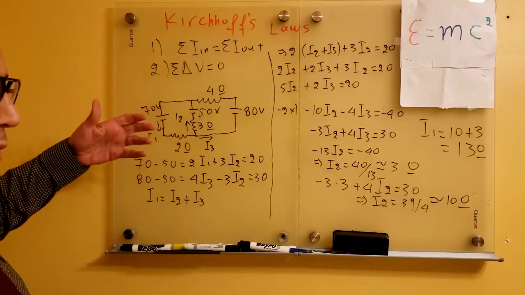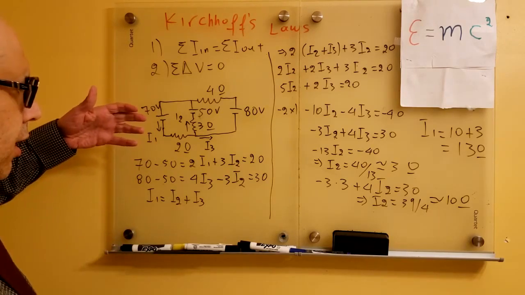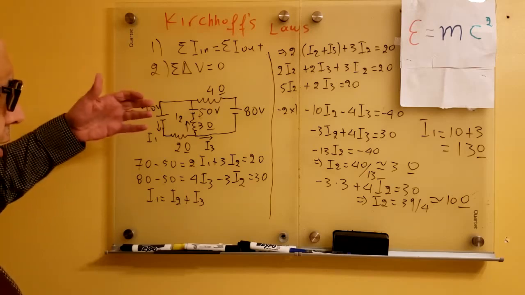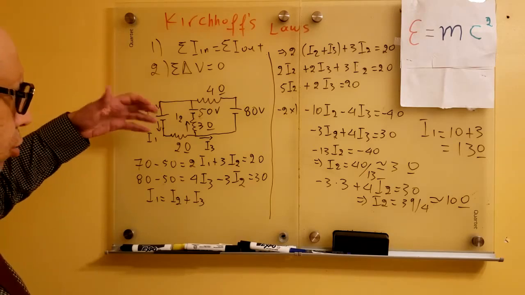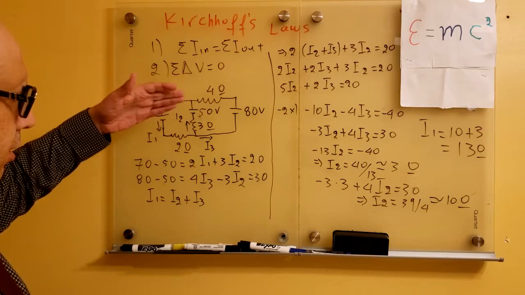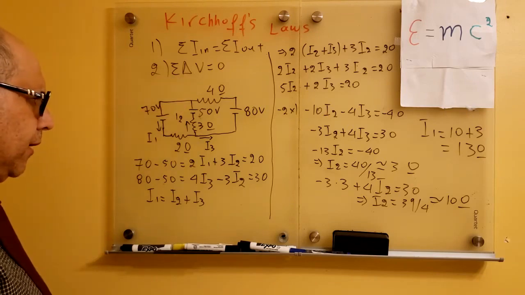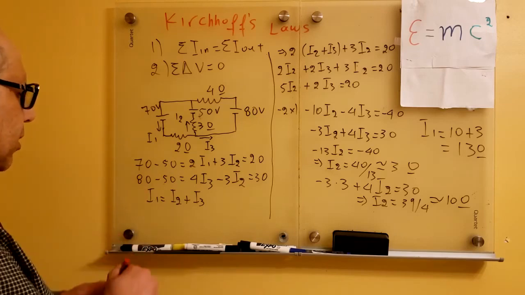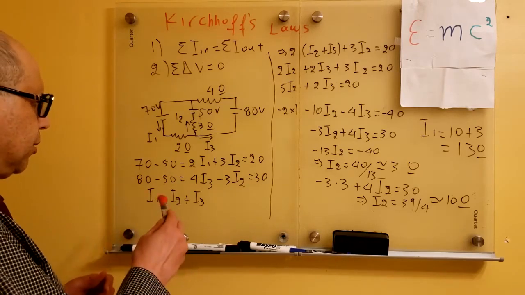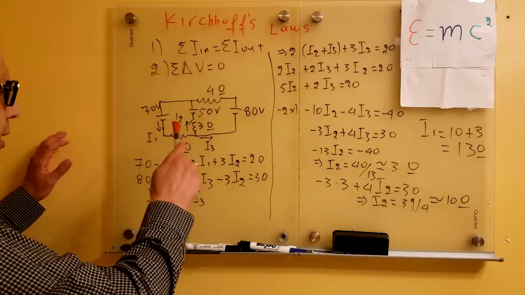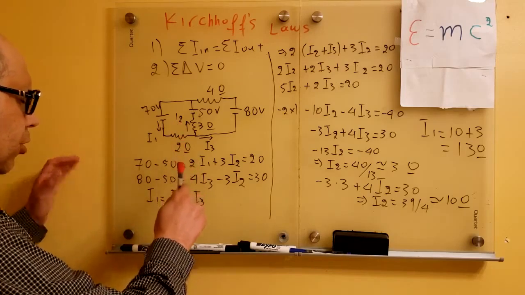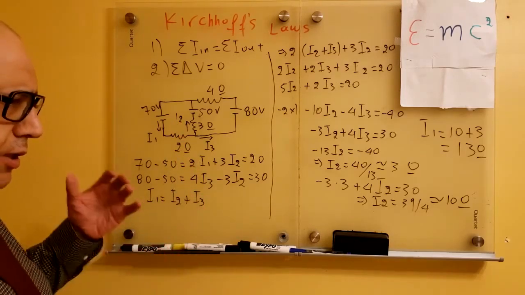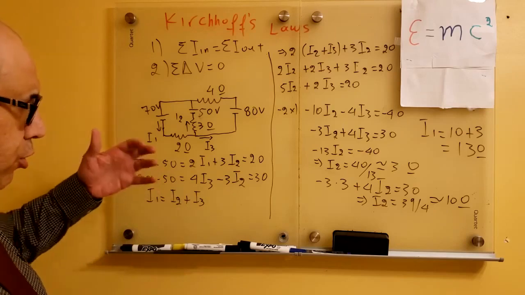I mean, the question here was, in case I missed it, to find the currents that are going through the different parts of the circuit. I would like to explain a little bit better how to do these problems. The second law of Kirchhoff is actually Ohm's law.